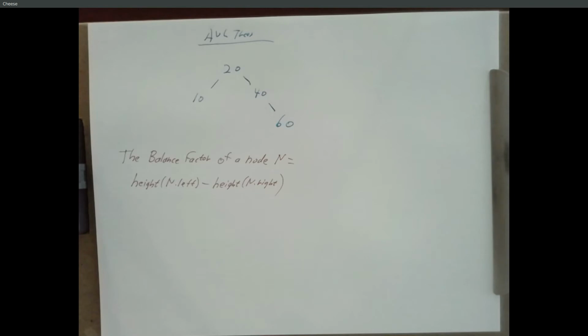So a null tree, what's the height of a null tree? -1, good. Single node? 0. Tree like this is going to have a height of 1. Tree like that's also going to have a height of 1.